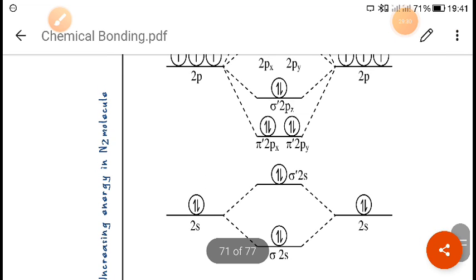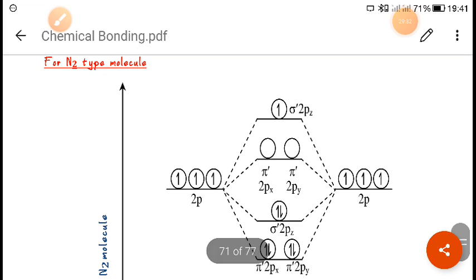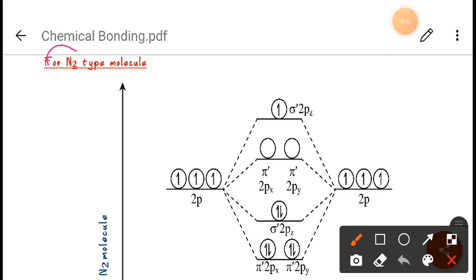When we talk about N2 molecules, this is a nitrogen molecule, and it is formed by the combination of two nitrogen atoms.